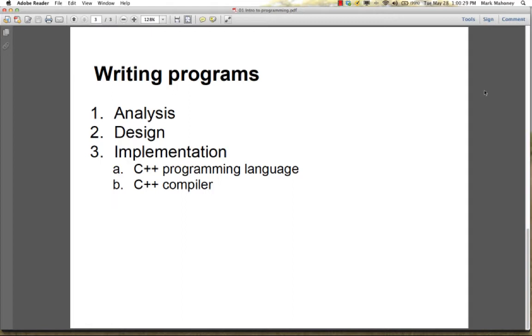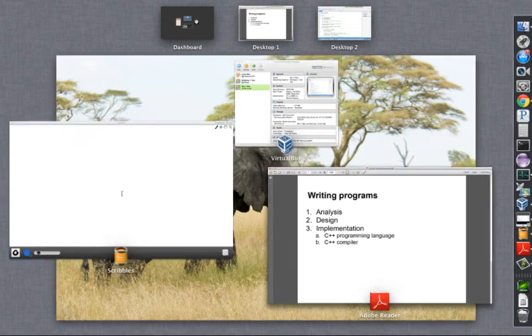Okay. One must also understand the inputs to the program and the expected output. Okay, so we can think of a program kind of like a black box, where some things are going to go into this black box and something is going to come out of it. Okay.